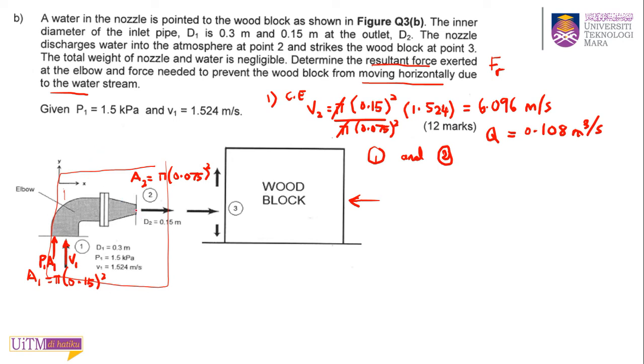And you have V2 going out, and also P2A2 going out. It says it discharges water into the atmosphere, so this P2A2 will actually be 0.